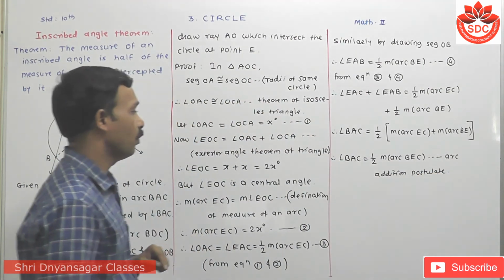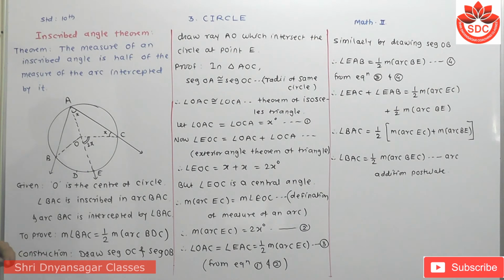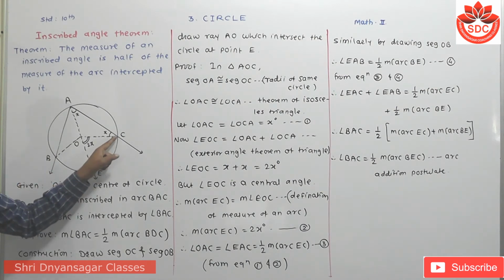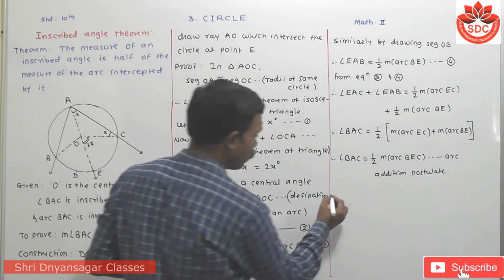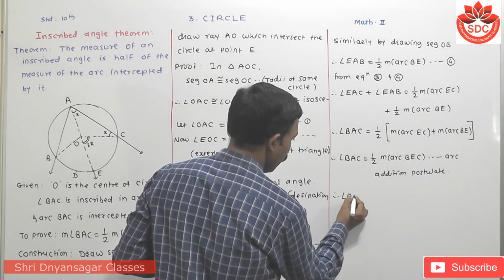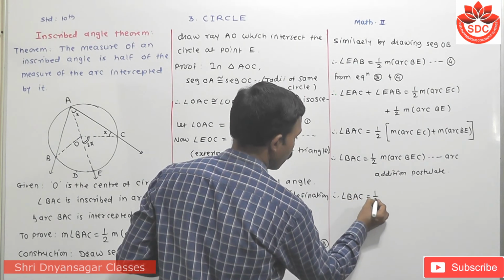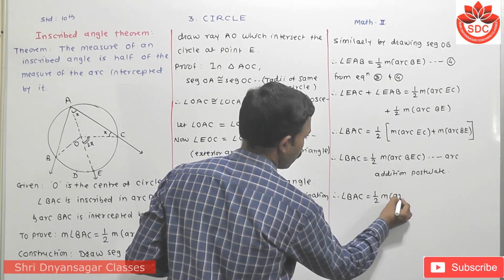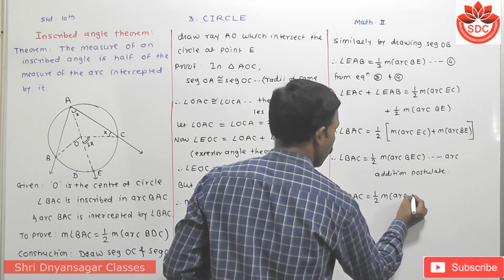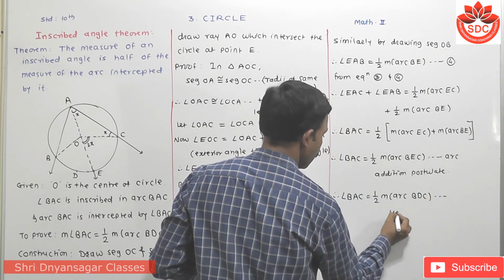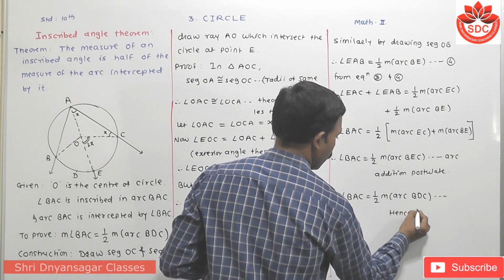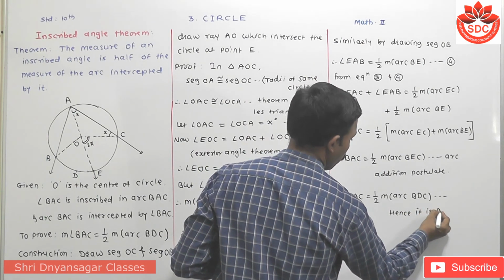Look here, BEC means arc BDC. Therefore angle BAC is equal to half of the measure of arc BDC. And student, hence it is proved.